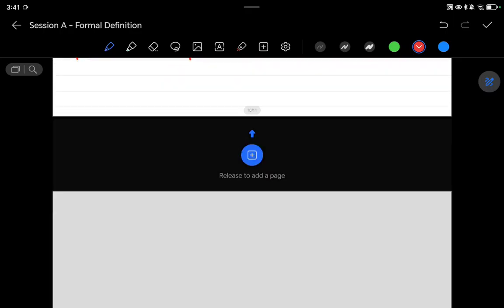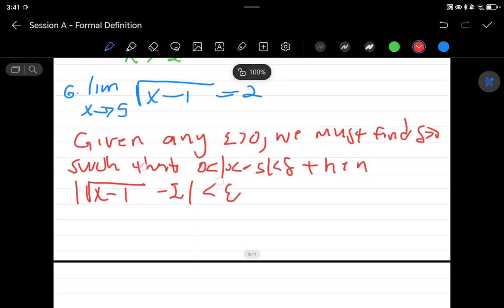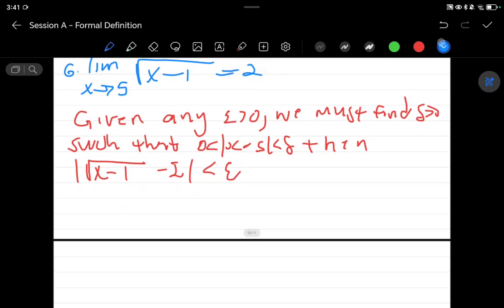So for us to solve this, we realize that this requires rationalization. So we rationalize this.